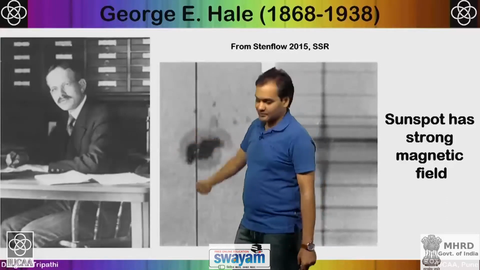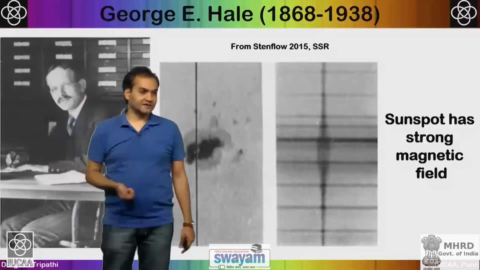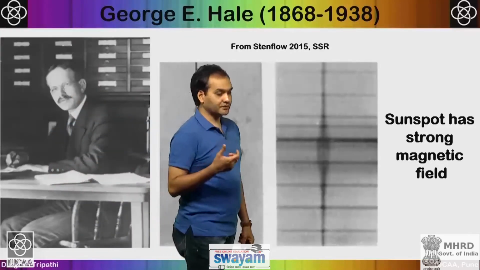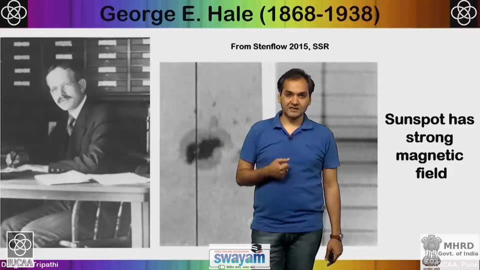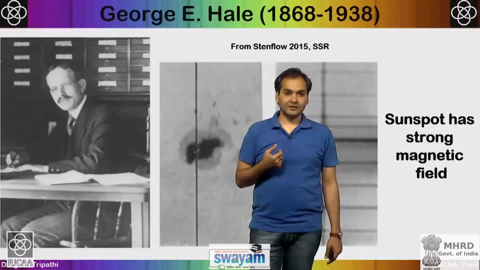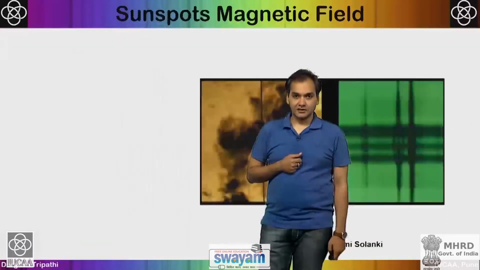Now, that is a remarkable discovery because that gives a probe to cosmic magnetic field. So, if you find a way to measure Zeeman splitting, then you have access to the magnetic field of the cosmos.